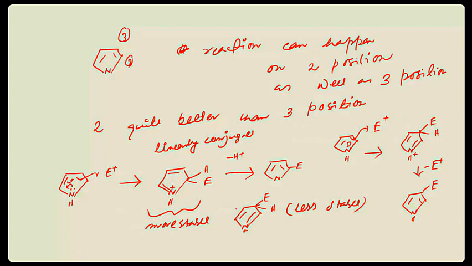Here, double bond, single bond, double bond, here is the plus. Double bond, single bond, plus, again double bond. So the conjugation is cross conjugation. Here, linear conjugation. That's why this is quite stable. Here, cross conjugation: double bond, single bond, plus. Look, from this direction, this double bond is not related to this one. That's why cross conjugation.